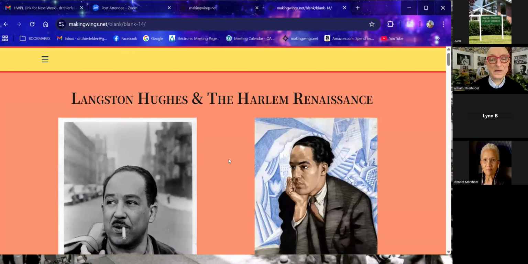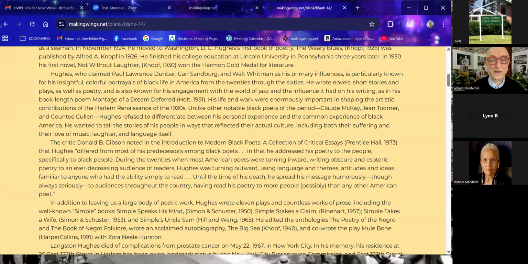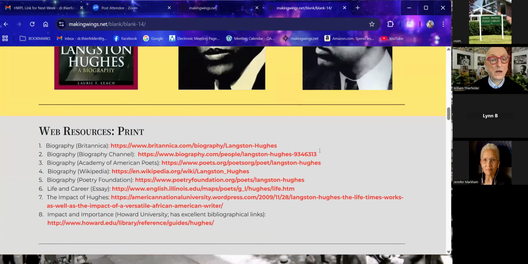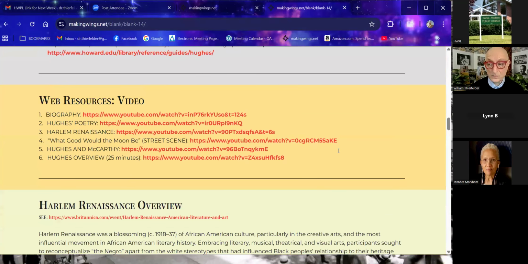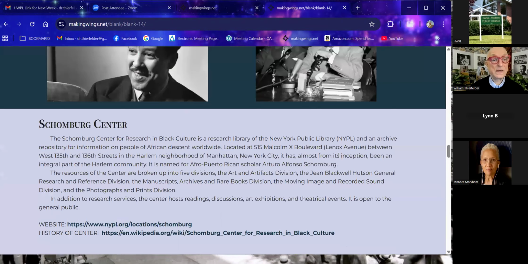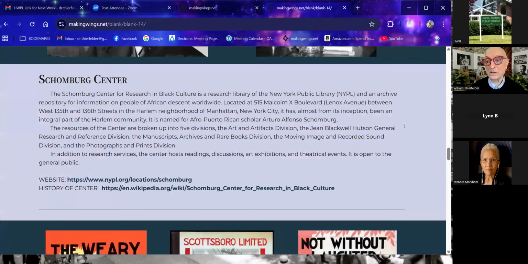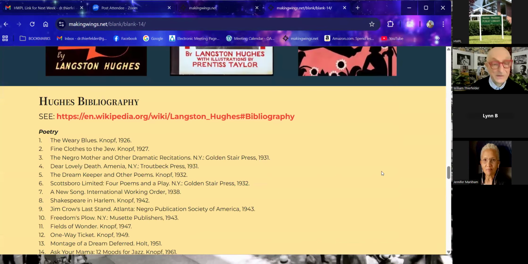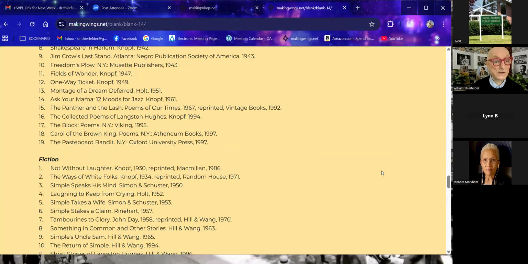And what you're going to find is a brief biography, some recommended media, and I'll be talking about some of these books during the presentation. If you don't have a paper and pencil handy, you can always go to my website. Printed resources, video resources, a Harlem Renaissance overview, and then some of the important areas in Harlem, such as the Schomburg Center, the bibliography of Langston Hughes.